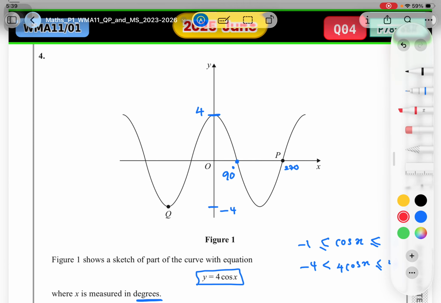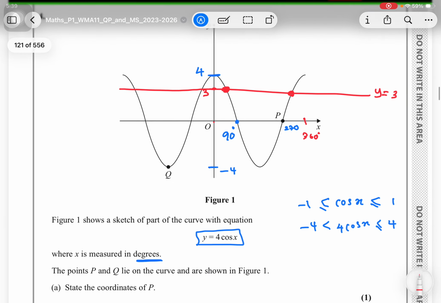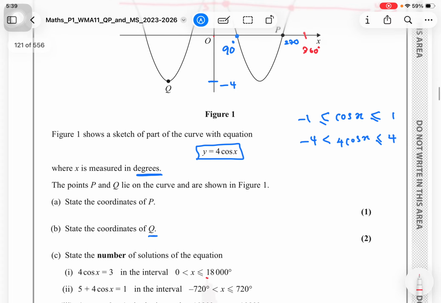we know the graph we are taking, 3 is somewhere here. So the graph, this is y equals 3. So in the gap from 0 to 360, they have 2 intersection points on the positive side. Now the question is for this much of the range. Let's try to identify how many cycles there are for one.